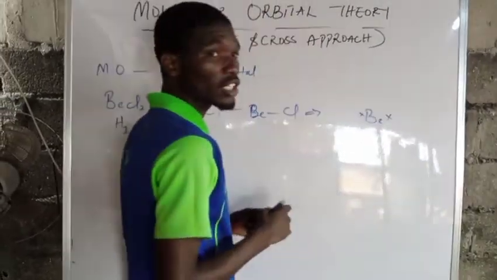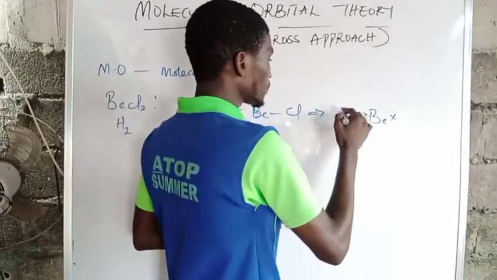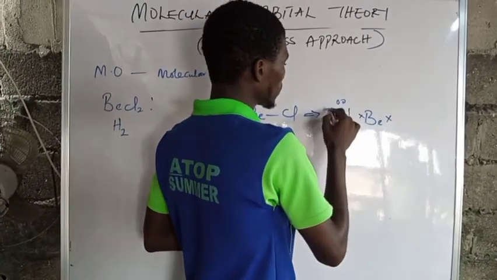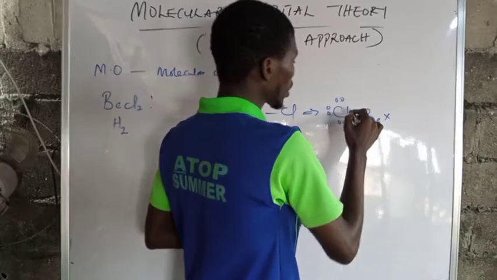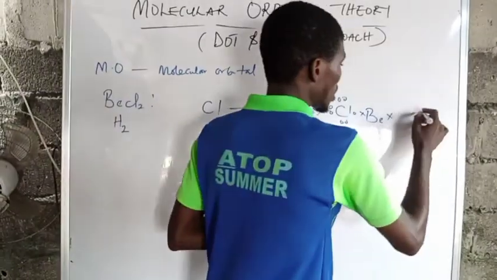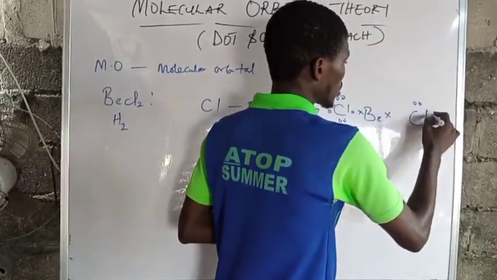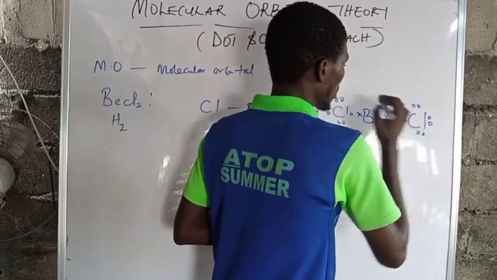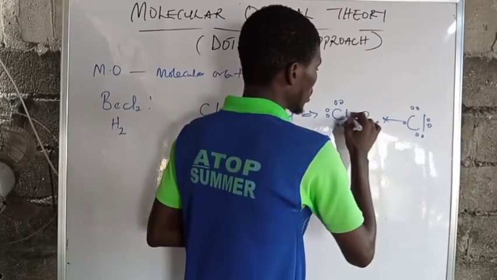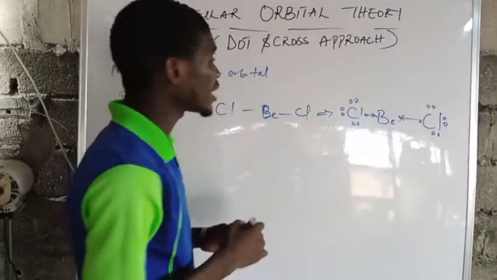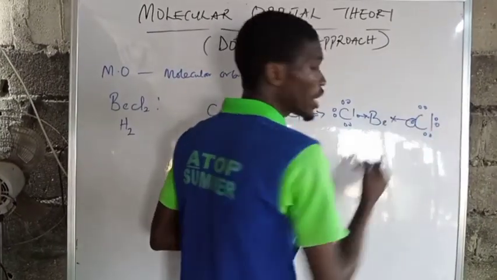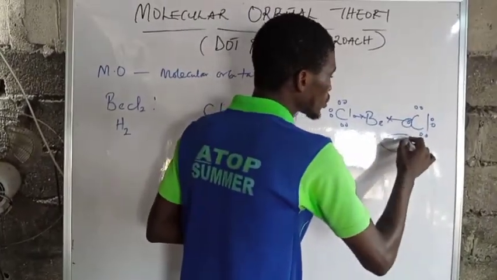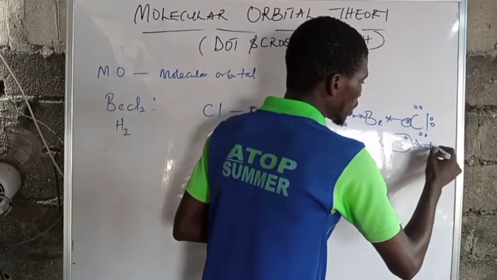While for chlorine, we have 7. I will take chlorine to be the dot. The same thing applies to this. So when you combine it together, you have this. And note, this dot section you have here is what we call the anti-bonding.